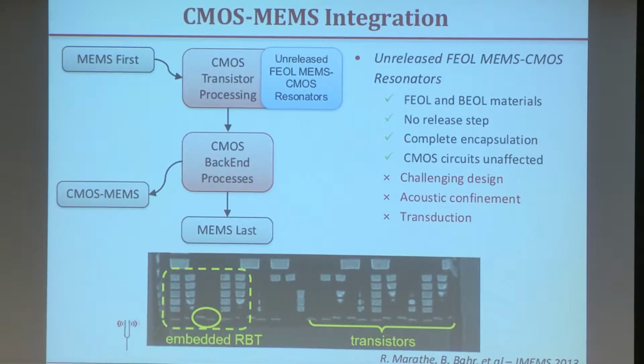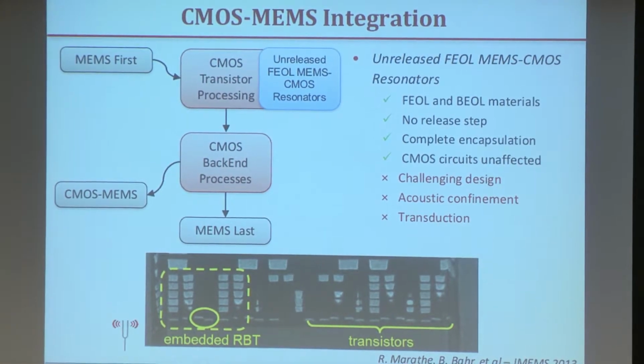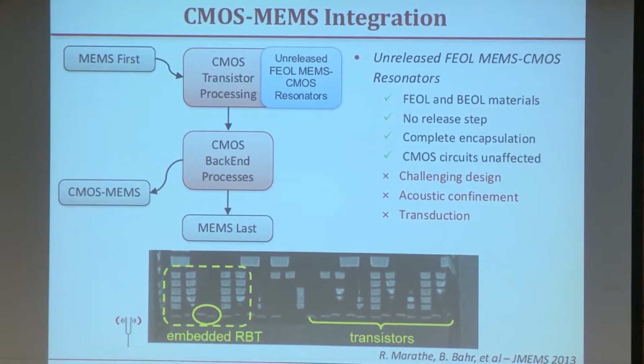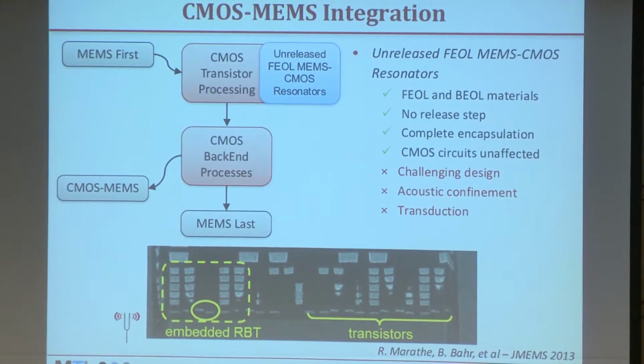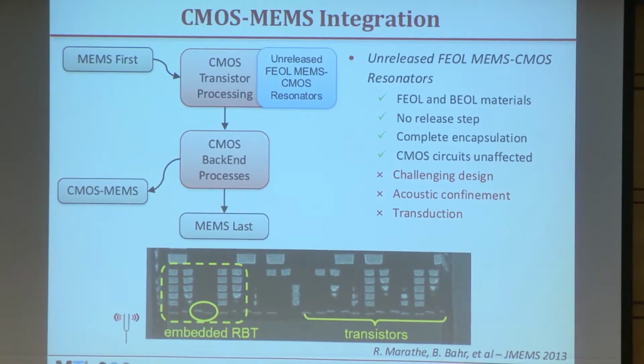So the approach I'm trying to take is to have the MEMS resonator encapsulated inside the CMOS die, just like we see here. And not only that, I want it to be fabricated just like any other transistor or circuit. I don't want to do any post-processing whatsoever or any special vacuum packaging or anything like that.